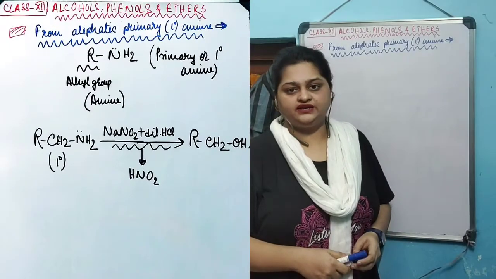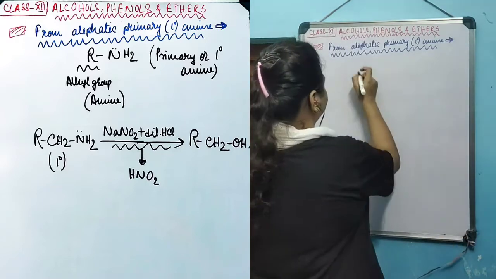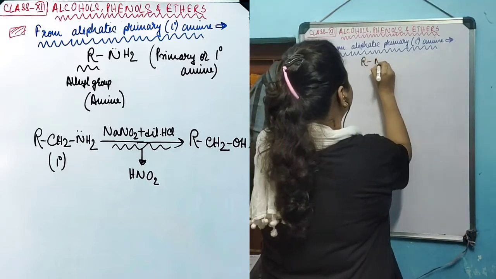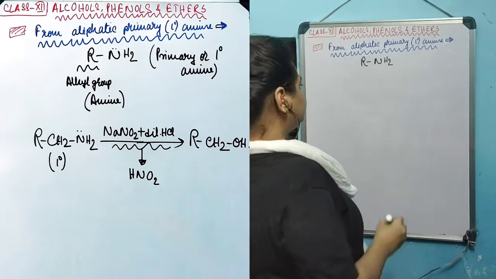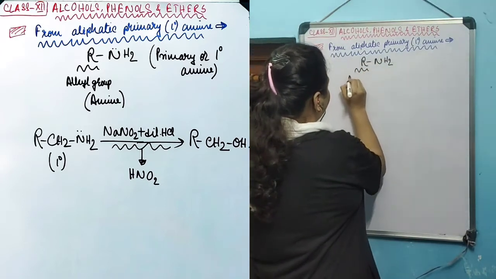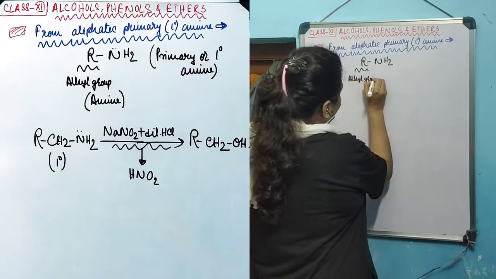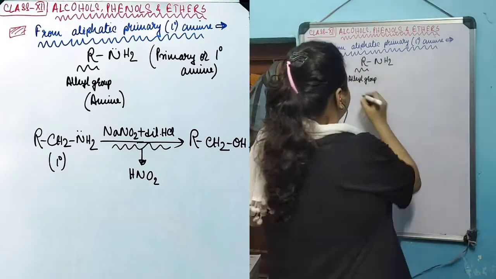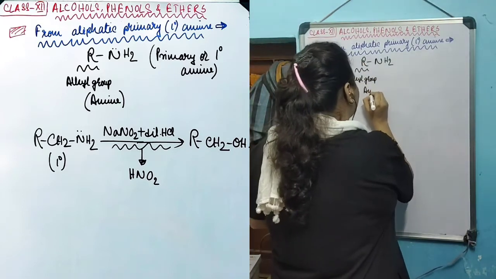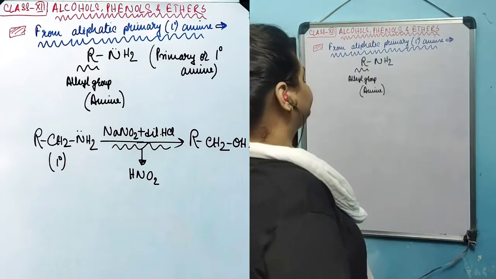Amine is an organic nitrogenous compound. This is a generalized example of an amine. The R group is the alkyl group which is directly attached to the NH2 part. This entire group is known as amine, and this entire compound is known as amine.